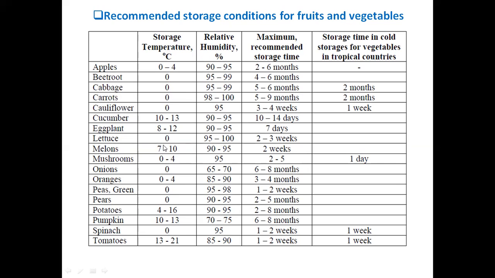Remember that apart from temperature, humidity is also important, so the recommended humidity that you have to maintain is also mentioned here. Then the maximum recommended storage life is also given, like onion, particularly as we are facing an onion crisis now. If onion is stored at 0 degrees Celsius and humidity is maintained between 65 to 70, then onion can be stored up to 6 to 8 months.